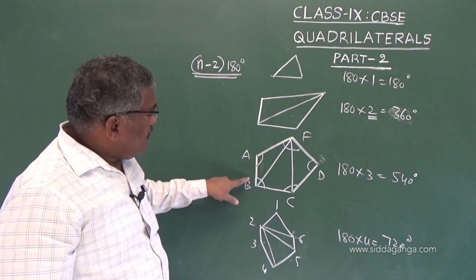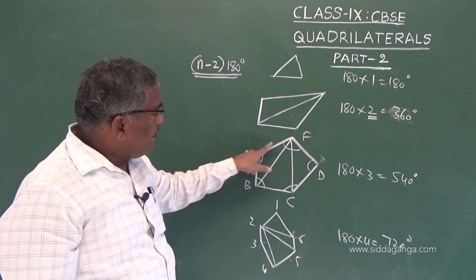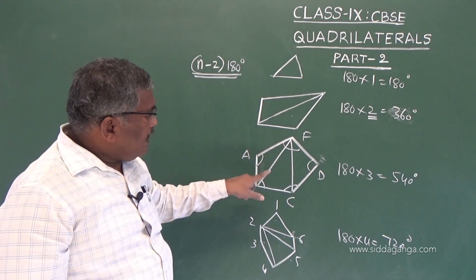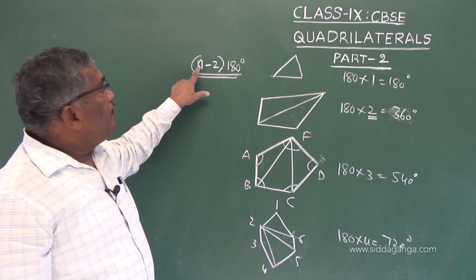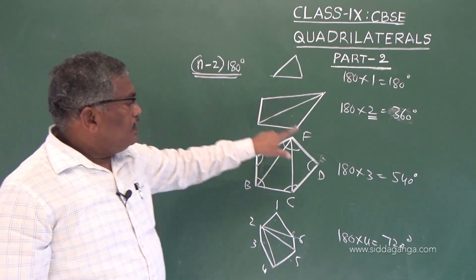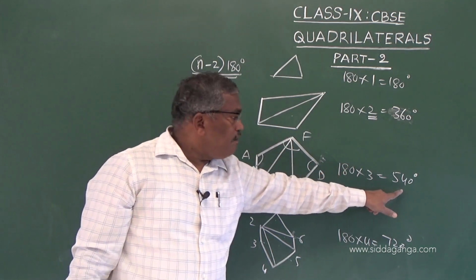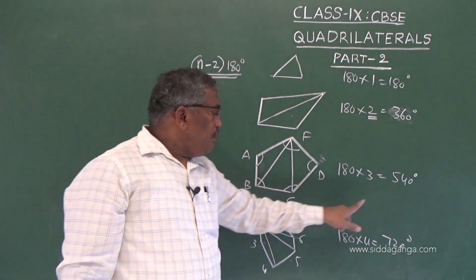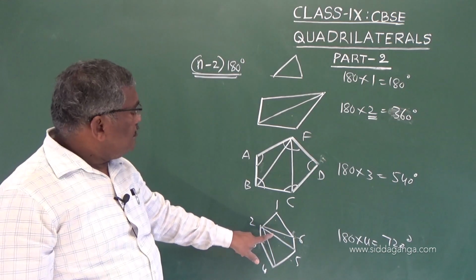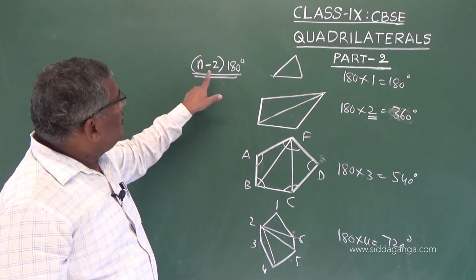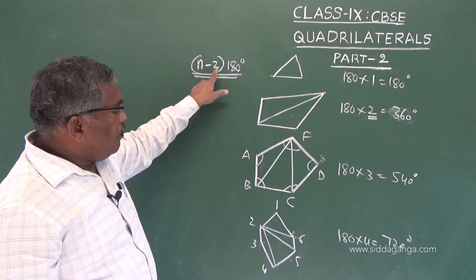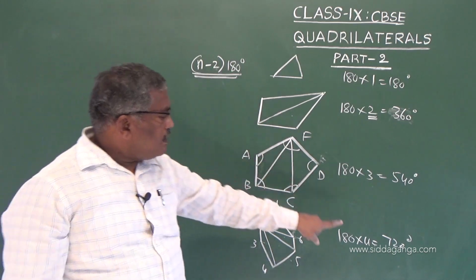Similarly, if I want the interior angle total for a pentagon, n is equal to 5. 5 minus 2 is 3. 3 into 180, 180 into 3 is 540. Similarly, for a hexagon, a figure with 6 sides, 6 minus 2 is 4. 4 into 180 is 720.